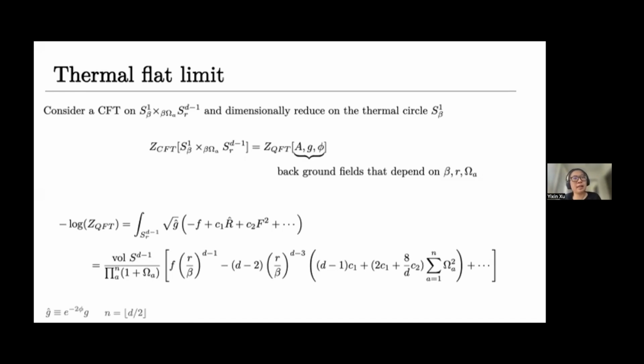Here, in this context, we have a d-1 dimensional background metric, a KK gauge field, and a dilaton field. And all these background fields can be read off from the d-dimensional metric, and therefore depend on the geometric parameters such as beta, r, and omega A. Now what I can do is to adopt the EFT method and write down all possible local terms allowed by symmetry. Now I can sort these terms according to their derivative order.